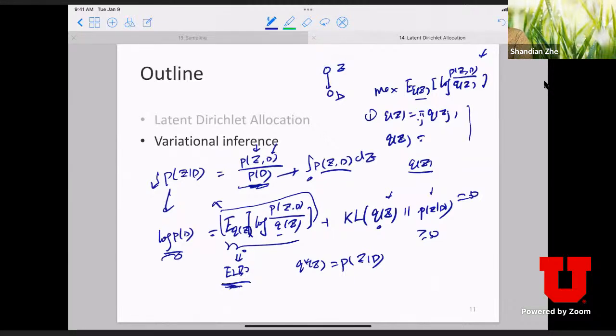So doing this is called global variational inference. Another way is that, okay, I'm gonna relax the objective function itself.